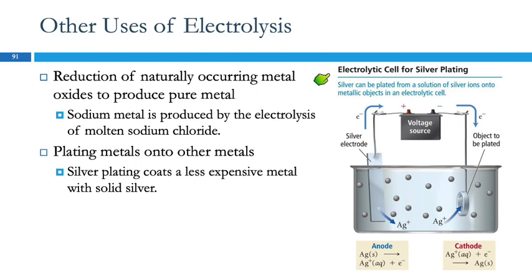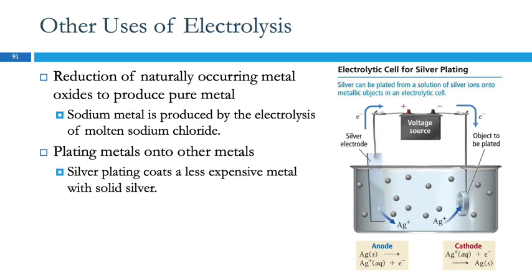So this is an illustration of an electrolytic cell for silver plating. Here you have your object to be plated, and you're pumping electrons into it, and the silver ions that come around are going to gain an electron and form a silver atom. Well, silver atoms aren't soluble in water. So right where they got the electron, they're going to stay, and they're going to deposit on here.